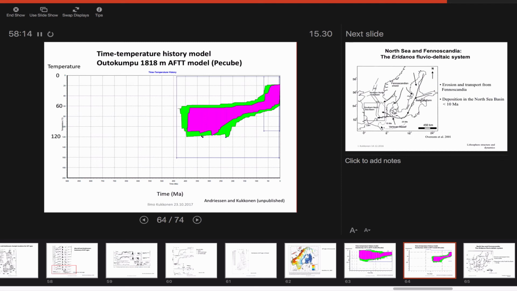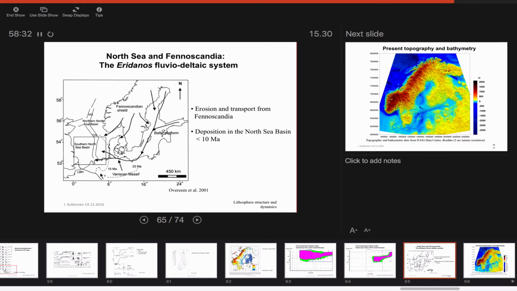But those data countrywide suggest that there is a difference between the thermal evolution of the eastern part and the western part, and between Norway and Sweden and Finland.